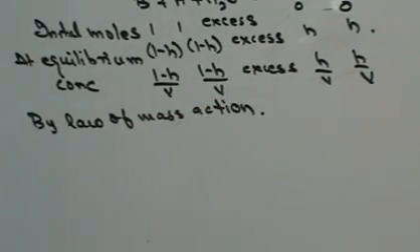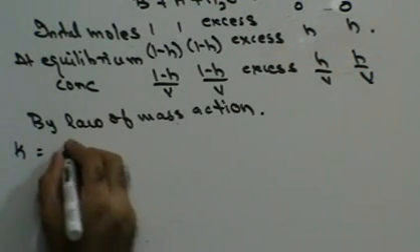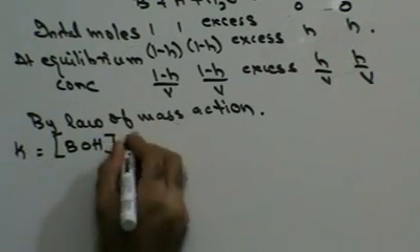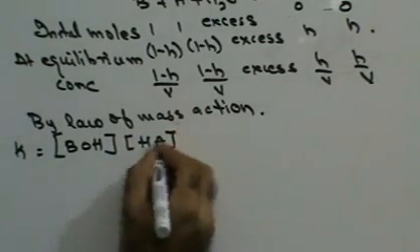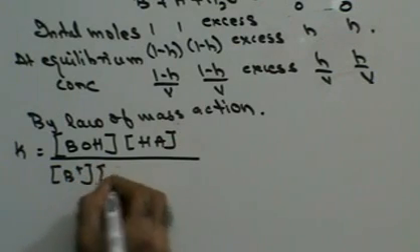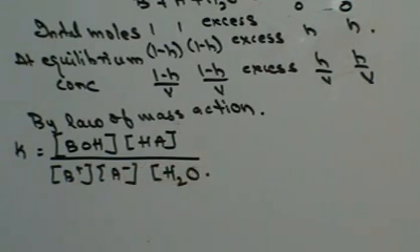If I apply law of mass action, I can say by law of mass action, dissociation constant K is nothing but BOH into HA upon B plus into A minus into H2O, right?